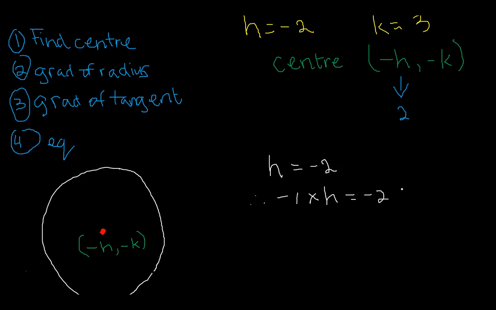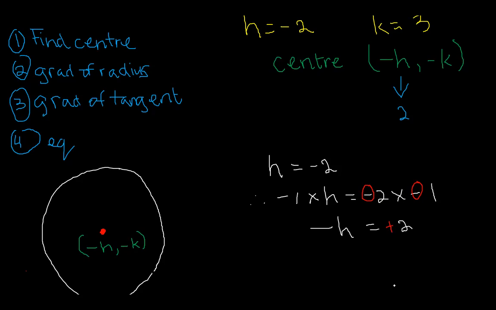So that's minus 2 times minus 1. Minus 1 times h is minus h. And minus 2 times minus 1, we know that a negative and a negative create a positive. And then we know 2 times 1 is 2. And that's how we got minus h is equal to 2. Everybody good with that?